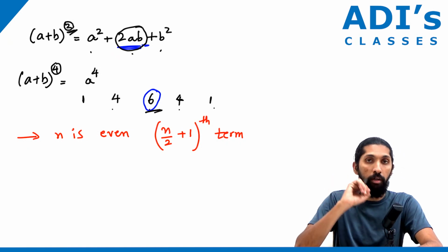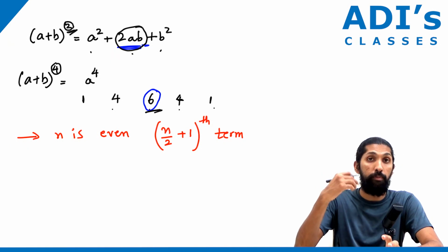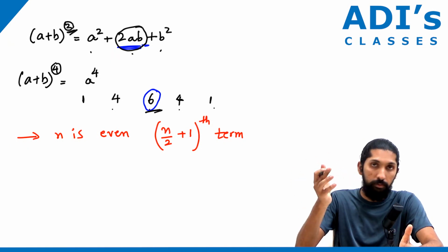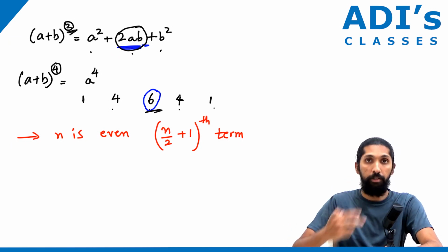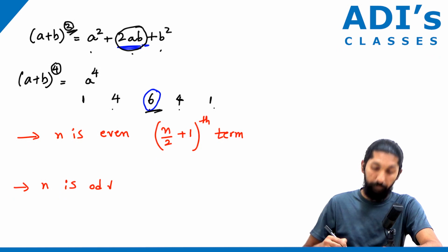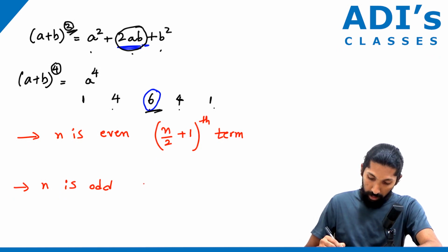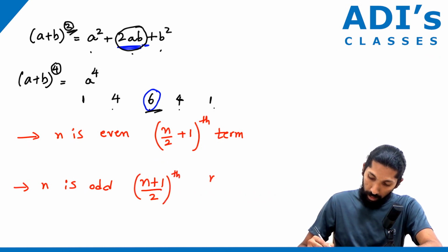Suppose n is an odd number, say (a plus b) whole cube or (a plus b) whole power 5, something like this. Then we'll have two midterms. That means when n is odd, the (n plus 1) by 2th term is one midterm, and the (n plus 1) by 2 plus 1th term is the other.